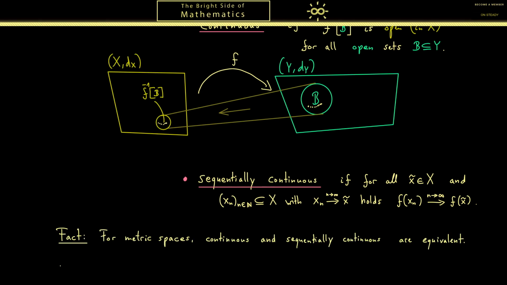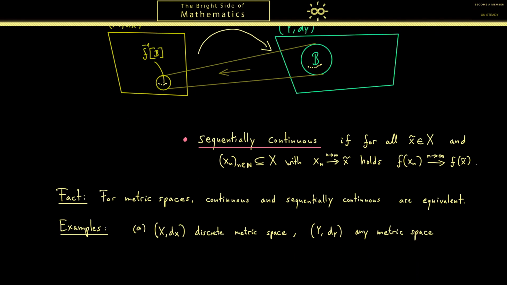Maybe you already know a lot of examples, so let's look at some simple ones. The first one would be choosing X with dx as the discrete metric space, where X is any non-empty set. On the right hand side, it does not matter which metric space we choose, so let's say it's any metric space.